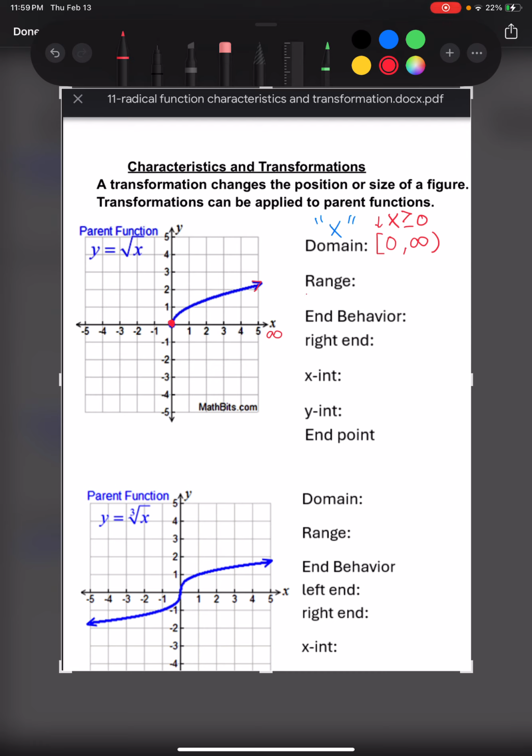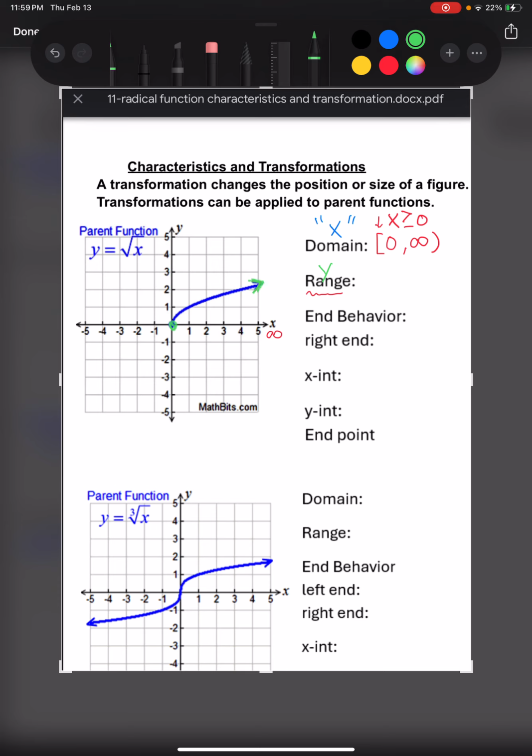And do you guys remember what range is? X or y? Since we've done x, range is y. So y goes bottom to the top. So we're going to try to read the lowest point, which is also this point. Starting from that point, the highest point is also this arrow.